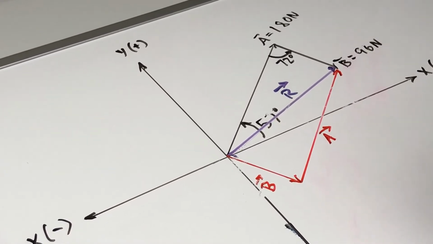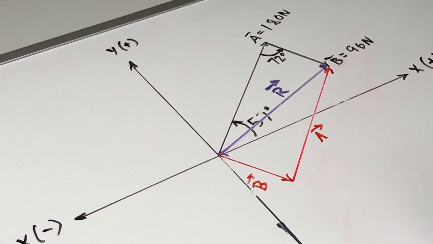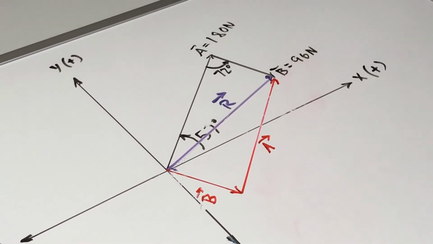Now, one of the things that we can do to find R is use what's called the law of cosines.